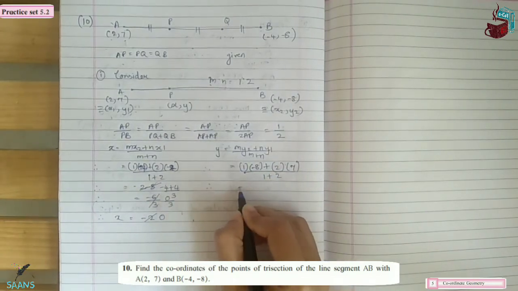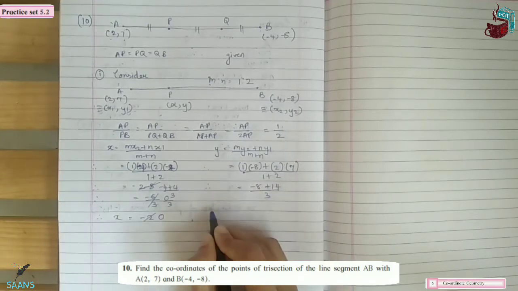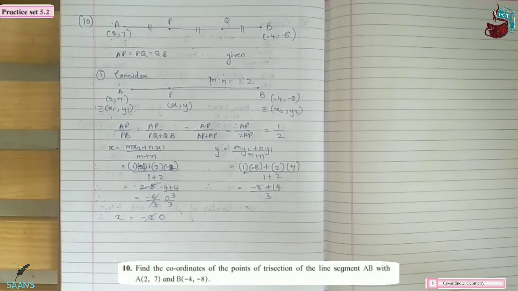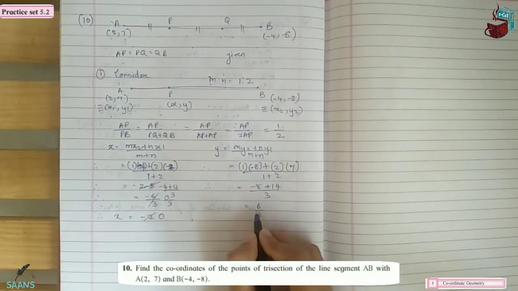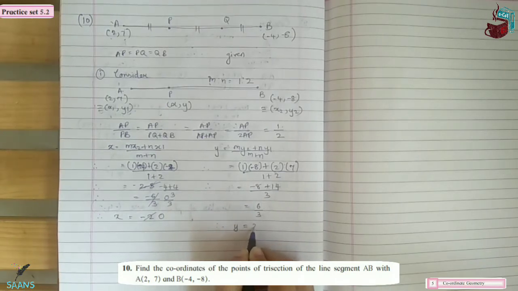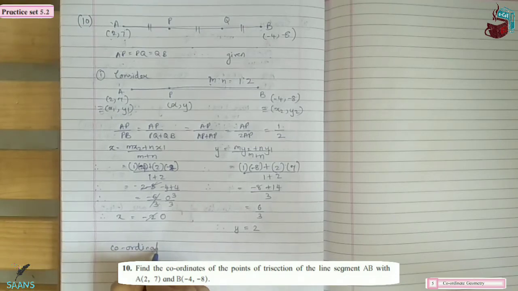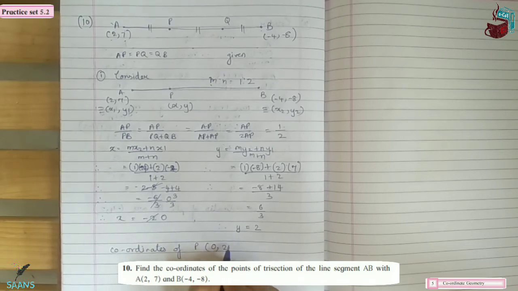Therefore, that is equal to minus 8 plus 14 upon 3, that is 6 upon 3. Therefore, y is equal to 2. Therefore, coordinates of P is 0, 2.